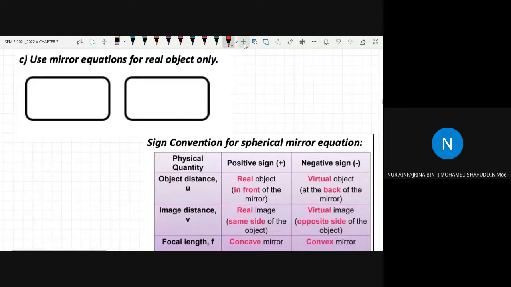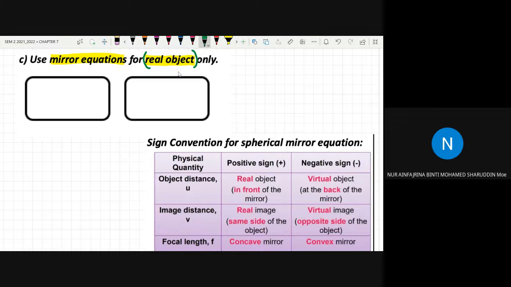Okay, so sorry kids. So for today learning outcome, we are going to learn how to use mirror equation for real object only. Miss nak tanya, ada sesiapa tahu tak what does it mean by real object? Anyone? In front of mirror.